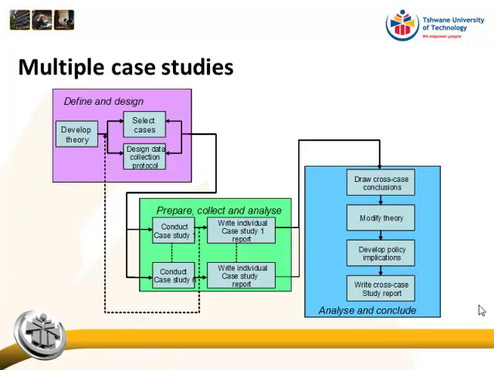So then you select the cases. And again, as we spoke about participants for a focus group or a Delphi study, you have to go through the same type of exercise in selecting cases. Why is this case applicable to my study? Why is this case interesting for my study? Because you don't want to go and ask the head of department how many cups are washed in the department every day.